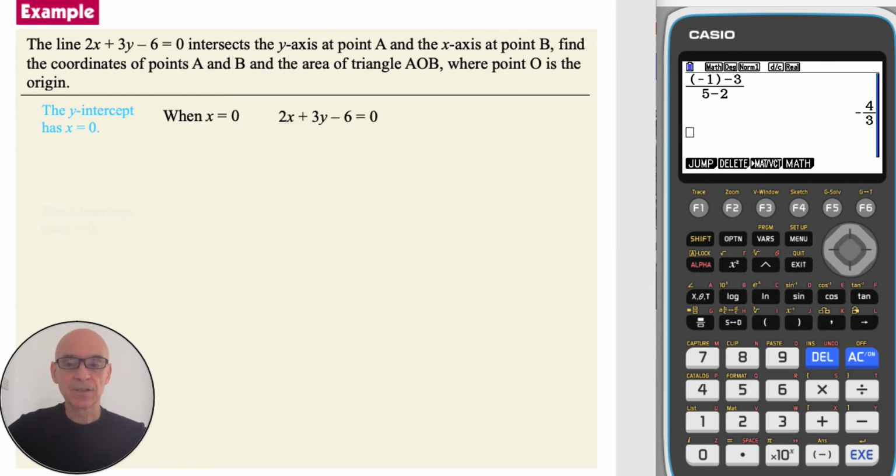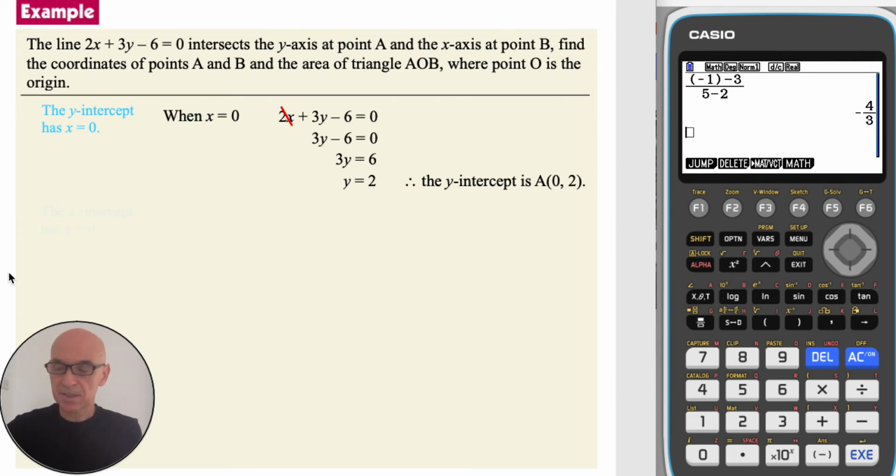Writing the equation of the line and replacing x with 0 makes the first term equal to 0. And solving the equation gives y equal to 2. So the y-intercept, A, is the point 0, 2.